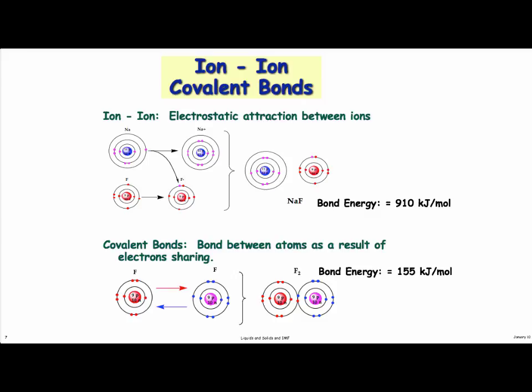When a non-metal atom wants to accept an electron, for example, this fluorine atom should have 9 valence electrons. By sharing that odd electron, it'll have an octet. The bond created by this covalent bond is about 155 kilojoules per mole.